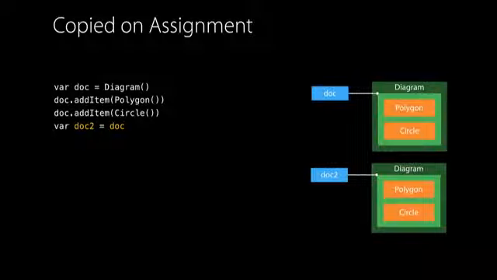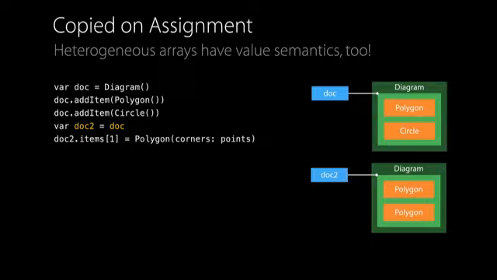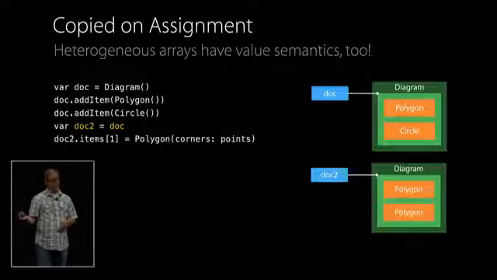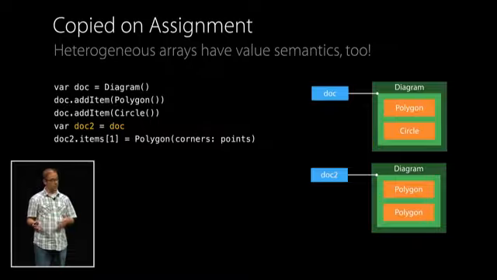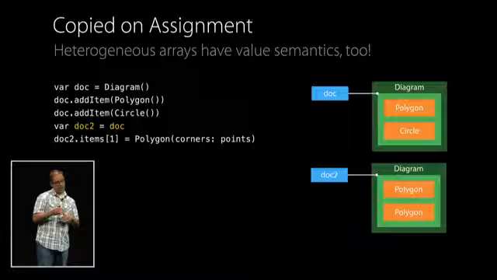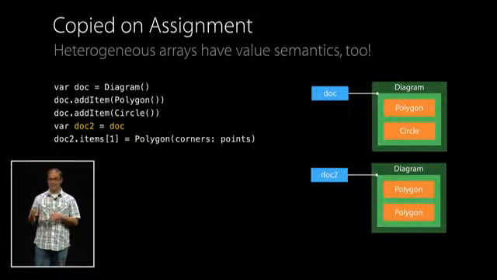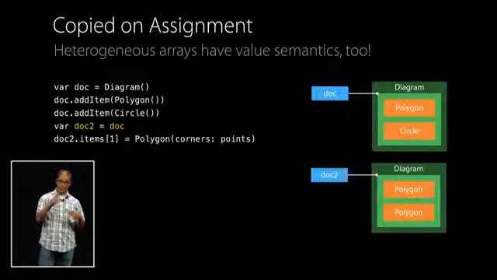It's logically separate from that first instance. I can go back and make changes to doc2 now, and when I do that, of course, it has no effect on doc. I change that circle to a polygon. The array has value semantics even though the collection is heterogeneous. So it has the polygon inside and the circle is inside that array as a value.